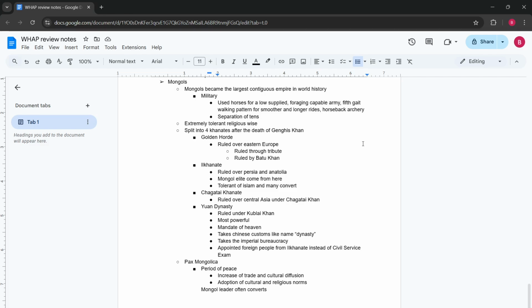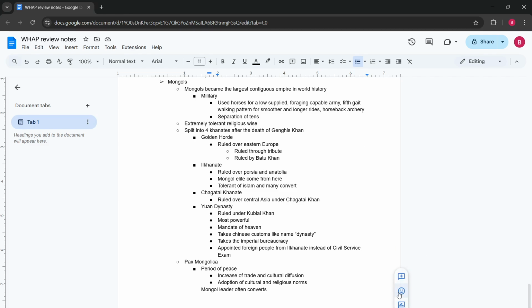It made one of the best bureaucracy bloodlines, if you will, where messages could get around extremely fast, and there were very few times where they would lose messages. They did, however, get rid of the civil service exam in exchange for just appointing foreign people from the Ilkhanate, because they didn't like the Chinese that much.